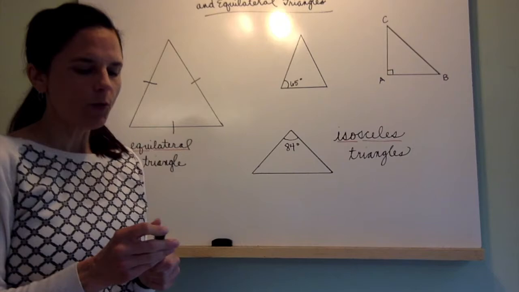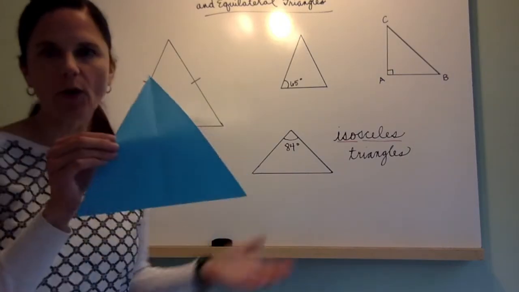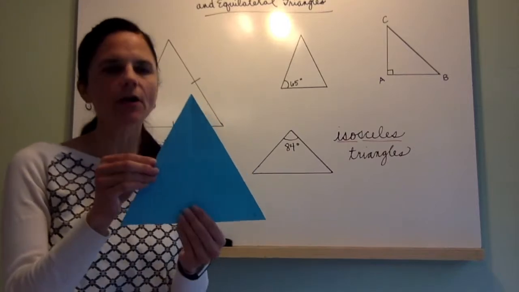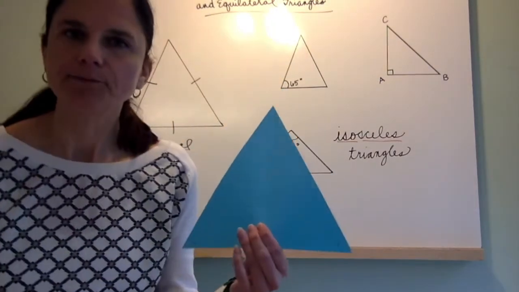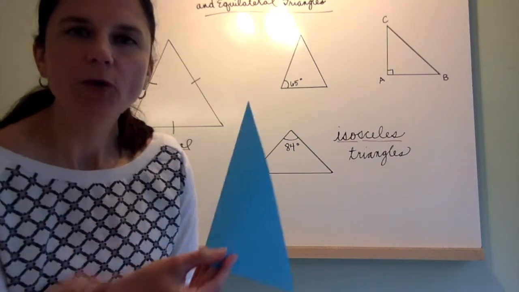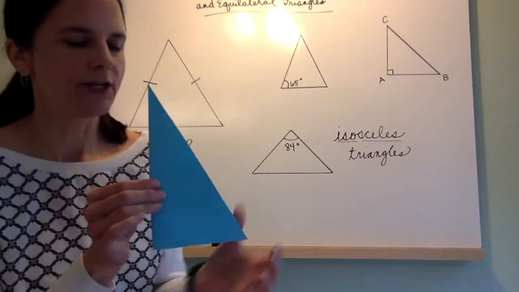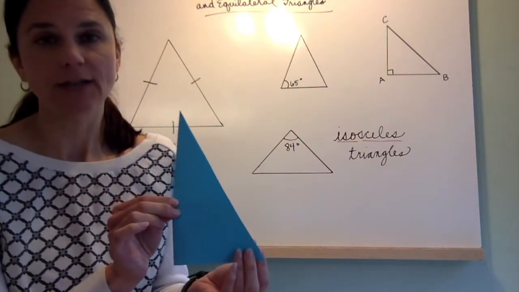So let's take a look at what that means about the angles. I have cut out an equilateral triangle here and labeled it with angle C, angle A, and angle B. And I just want to show you that, of course, remember how when we folded an isosceles triangle, we noticed that the 2 opposite sides, or angles between the opposite sides, were equal.